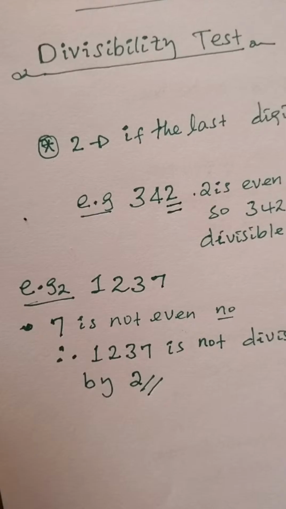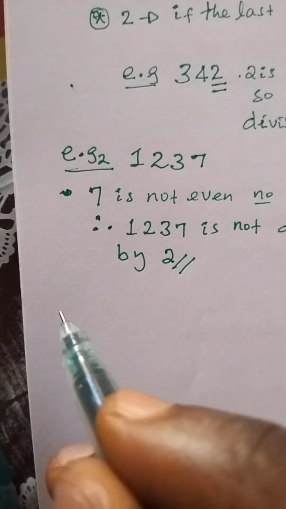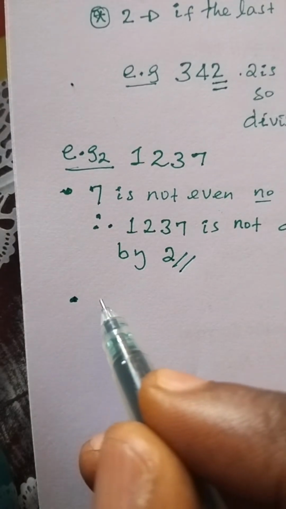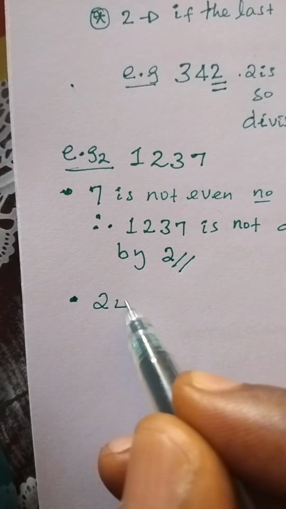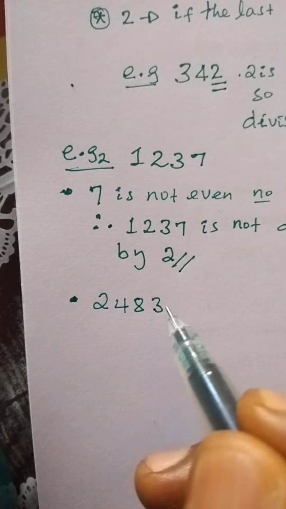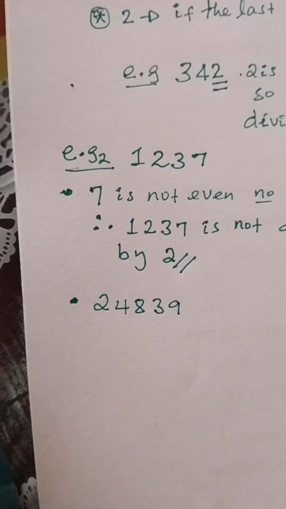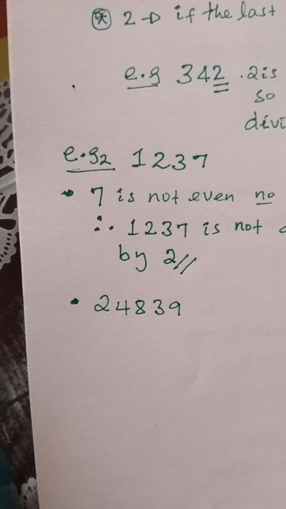Okay, let's take another example. Let's say 24,839. Is it divisible by 2?